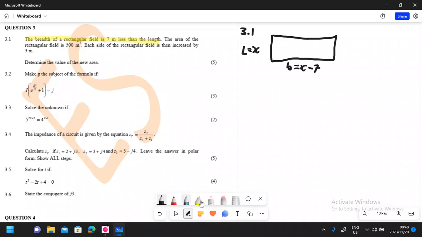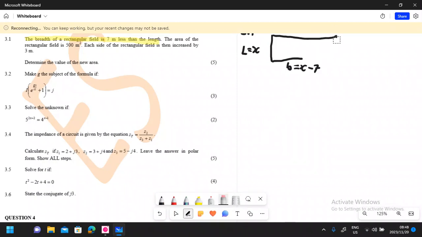All right, I need to erase this, guys. This means that the breadth is the shortest side, because it's 7 meters less. Okay, let's just do it this way. I hope it's going to look okay. But as long as you can manage to do it in this manner, guys. Okay, all right. Okay, let's continue.